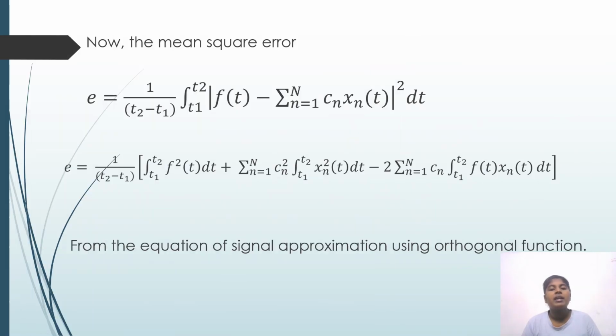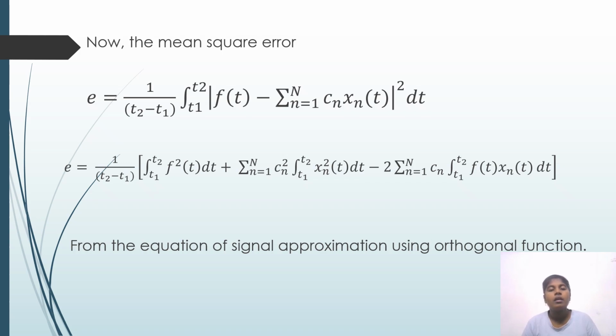Now the mean square error is E equals 1 by (t2 minus t1) times the integral from t1 to t2 of mod of f(t) minus the summation from n equals 1 to capital N of cn xn(t) mod square dt.